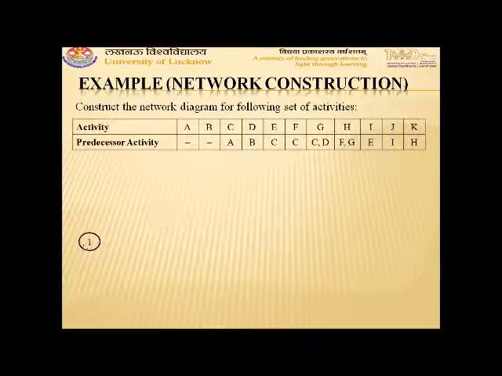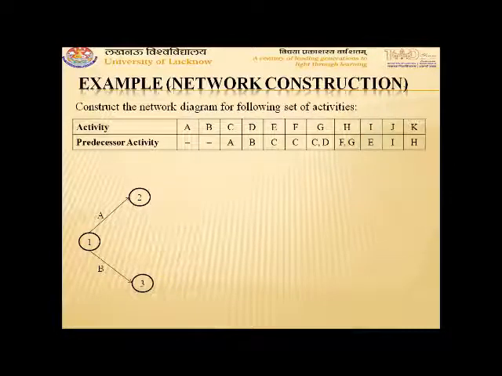So here event 1, then A has no predecessor, we draw activity A which ends at event 2. Similarly, activity B doesn't have any predecessor, so from 1 we draw another activity B which ends at event 3 in this manner. Now A is the predecessor of activity C, so from event 2 activity C will start.